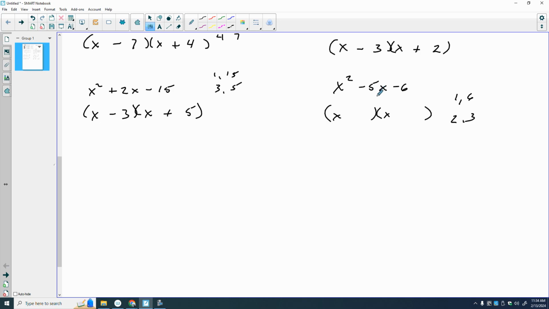Does that work? No. Because remember, if this is negative, these signs have to be the same. And if these signs are the same, then my combination has to add those together. So what's my combination that works? 6 and 1. Why? Because 6 minus 1 is 5. I need a negative 5. So the bigger number has to be negative. All right, that is factoring.